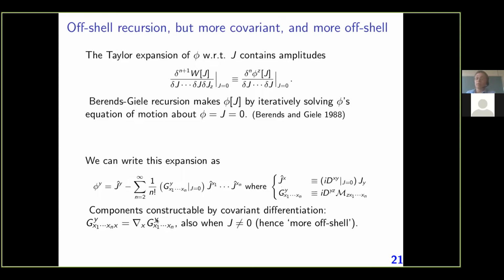And these guys are also constructible by covariant differentiation. You can see the covariant derivative acting on the G at the bottom here. You're just taking the covariant derivative with respect to the lower indices only, as you do for generalized Christoffel symbols. So we can construct the coefficients of this Taylor expansion that is constructed by traditional off-shell recursion by this new covariant derivative relation. And we can also construct it when J is not equal to 0. We can understand the relation between phi and J at different points off-shell. And hence the title of this slide, off-shell recursion, but more covariant and more off-shell.